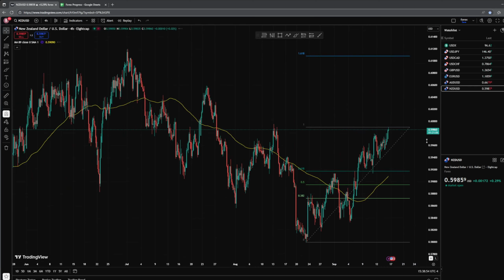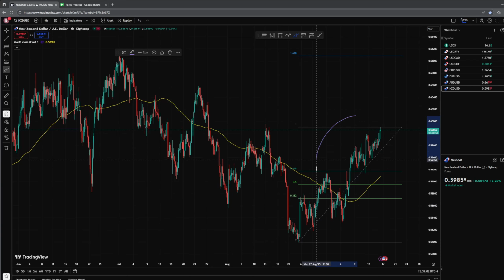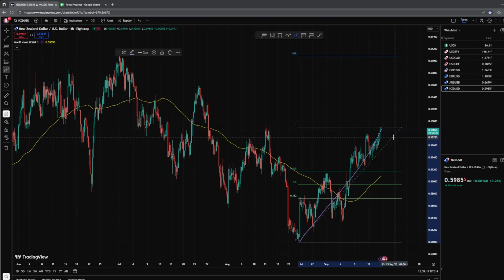Finally, let's analyze the New Zealand dollar USD. So here once again, we have the majority of the candles and price action happening above the yellow moving average line. So we have a really nice-sized up leg here, and once again we have a clear trend here.